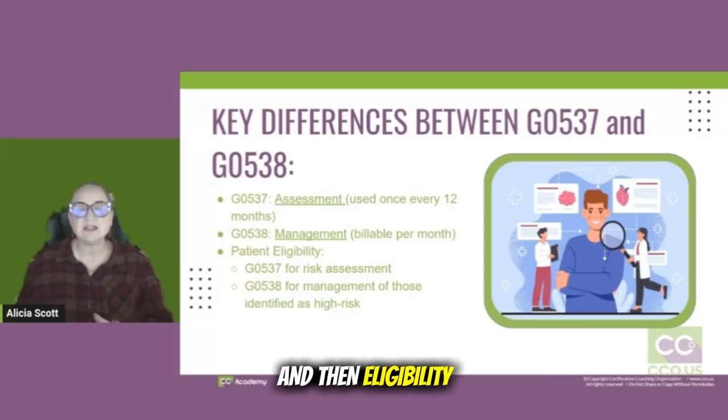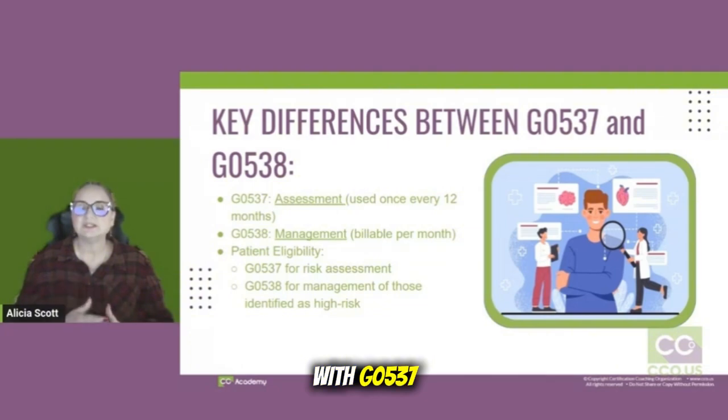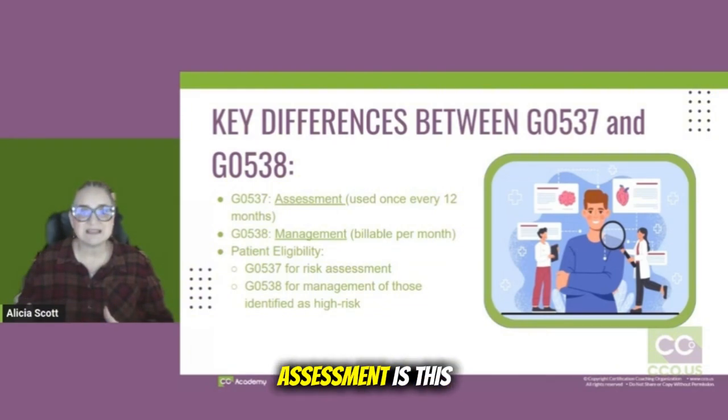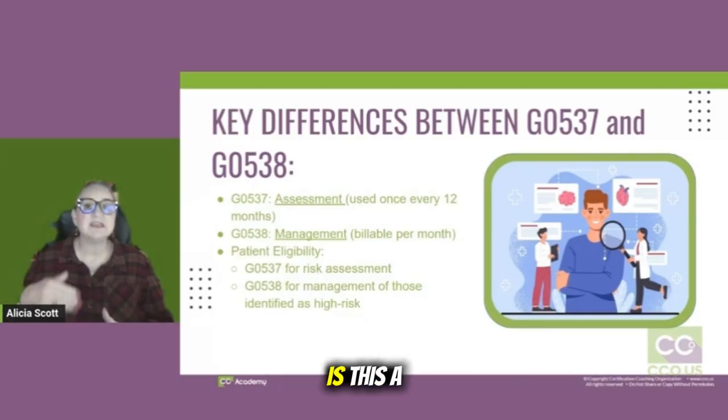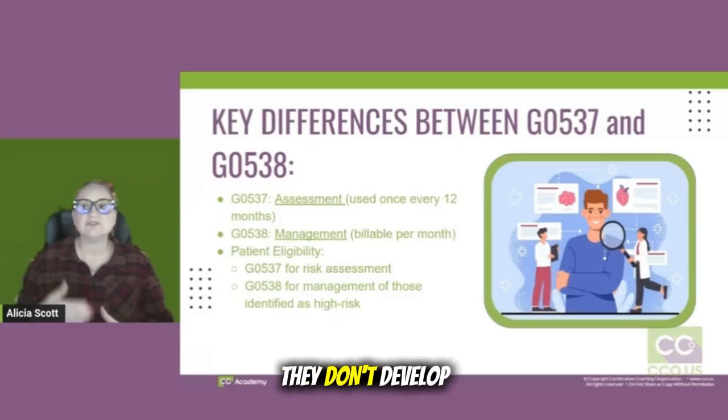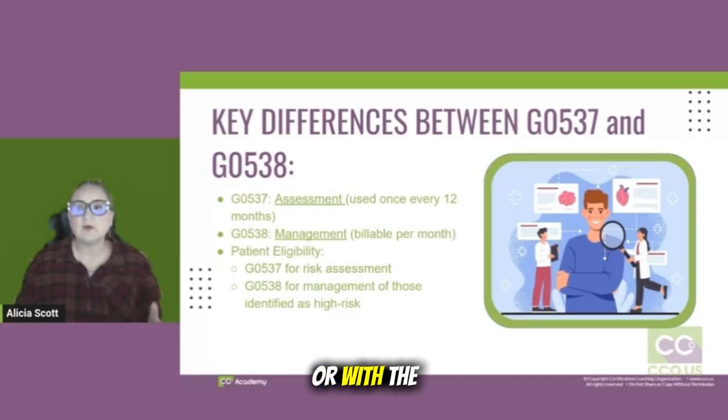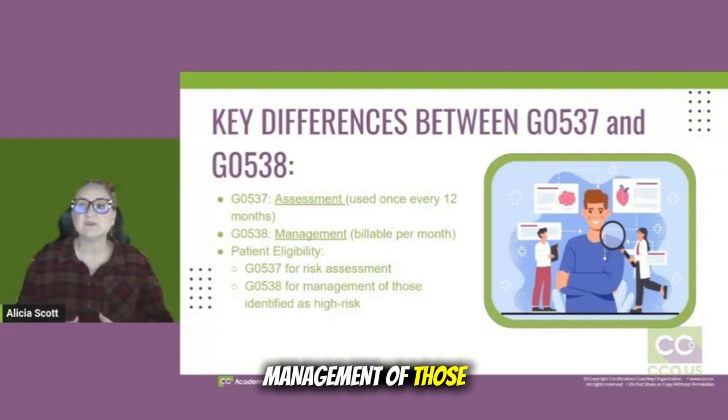And then eligibility. With G0537, it's for risk assessment. Is this patient predisposed? Is this a patient that needs to be followed to make sure they don't develop this diagnosis? Or with the G0538, it's the management of those that are identified at high risk.